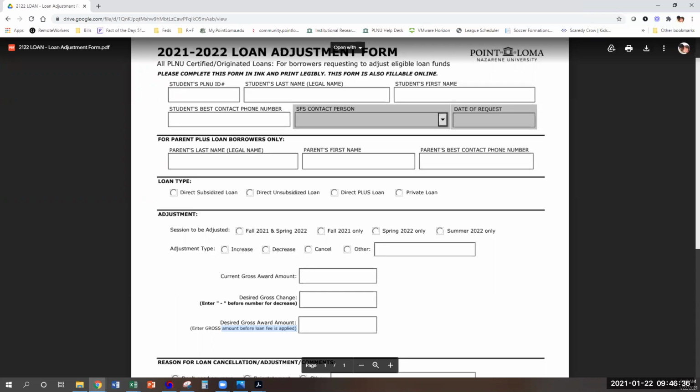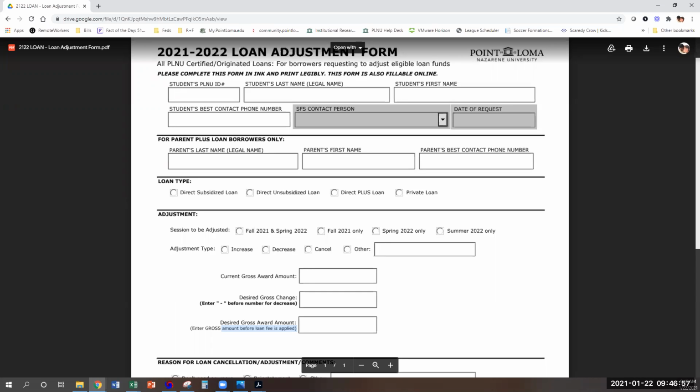At the bottom, there's a section where the advisor can indicate if this is a gross loan calculation or net loan calculation. So we leave it up to them because they know what the student was trying to do. Not that that's perfect, but just so you know how we've handled it there.